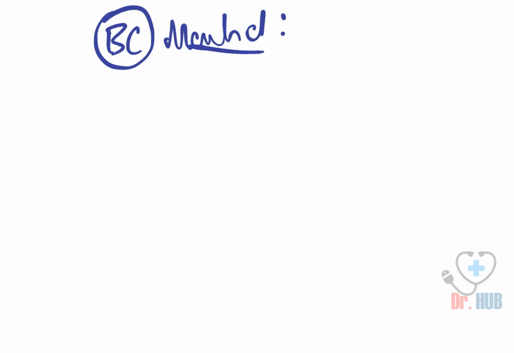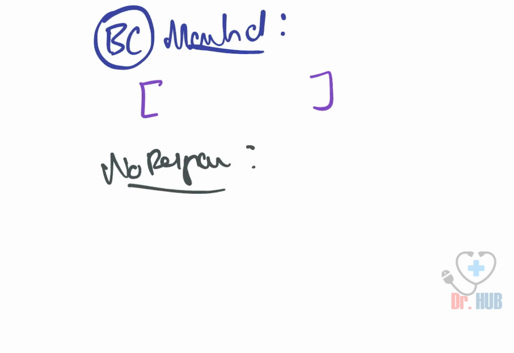In case of the BC masked, it is a square bracket in case of the right, and in case of the left also it is a square bracket of the opposite side. In case there is no response, how do you mark? In case of no response, in the right ear it is a circle, and in the left ear it is a cross with an arrow.